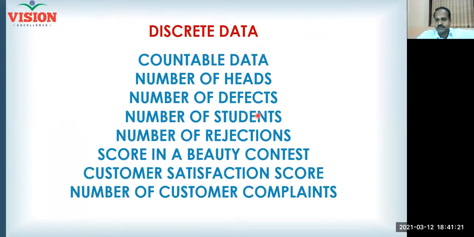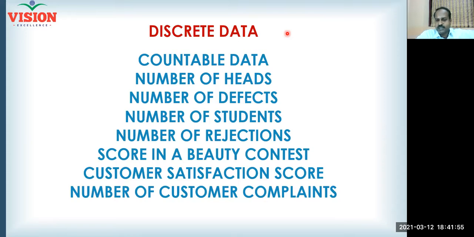Now first let us understand what is discrete data. Discrete data are quantitative data. They are generally countable data. It is always a whole number. And between any two values, only a discrete number of values are possible. If you observe all these statements to be true with respect to your data, then definitely your data is discrete data.